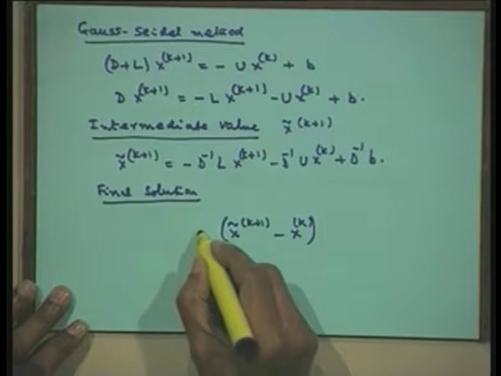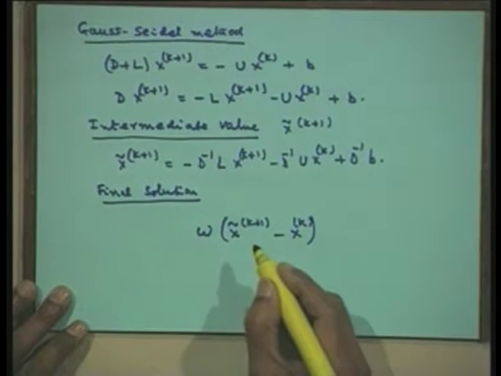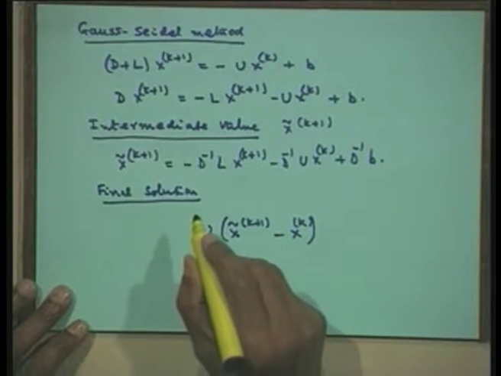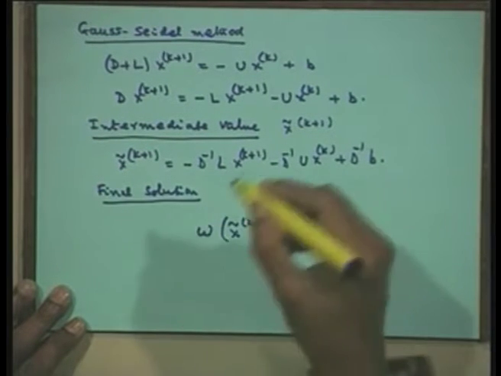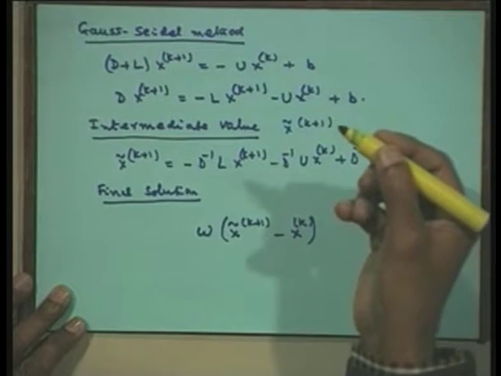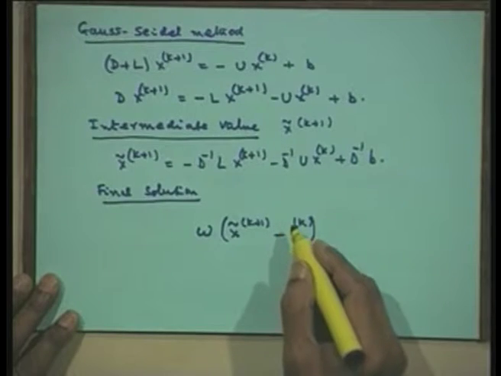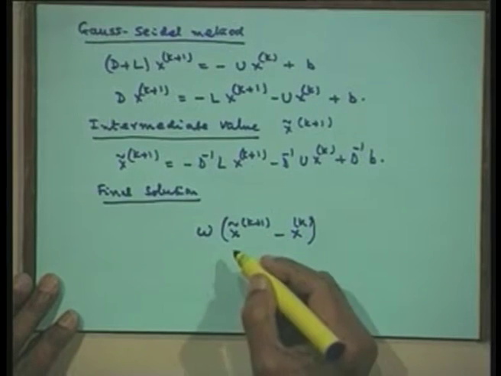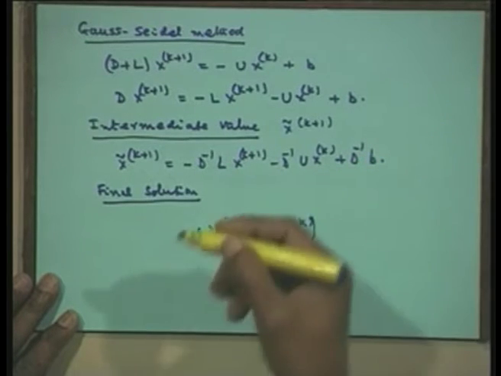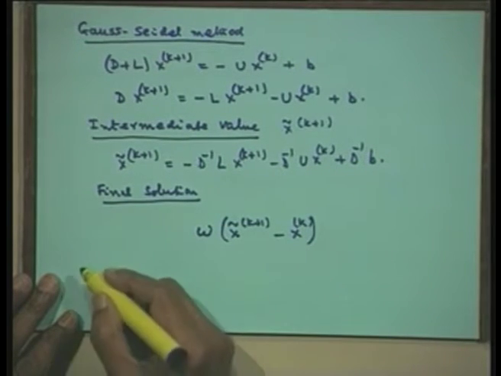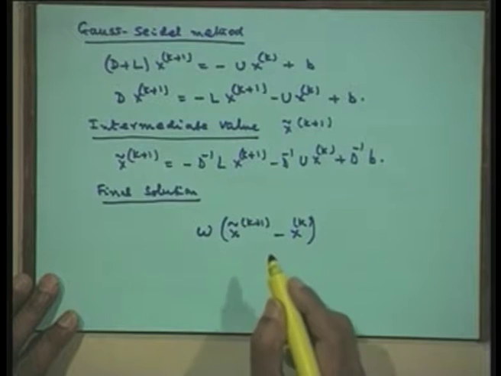I multiply this by a parameter omega, which I will call a relaxation parameter, the value of which we shall determine later using the condition that this iteration should converge. The analysis of convergence would give us the values of omega that should be used in order that the solution of the problem can be obtained.